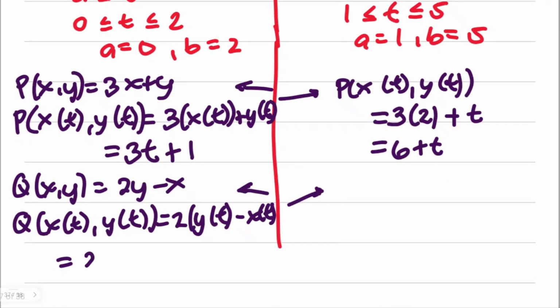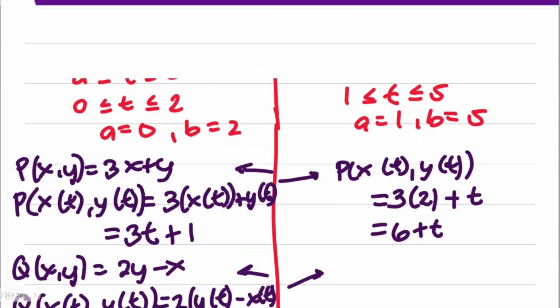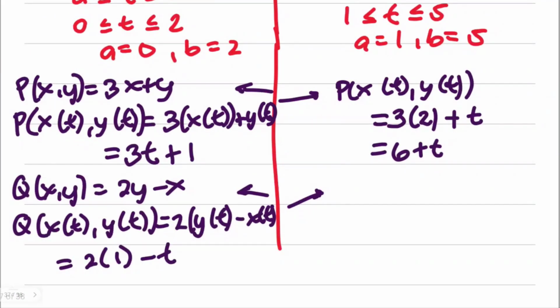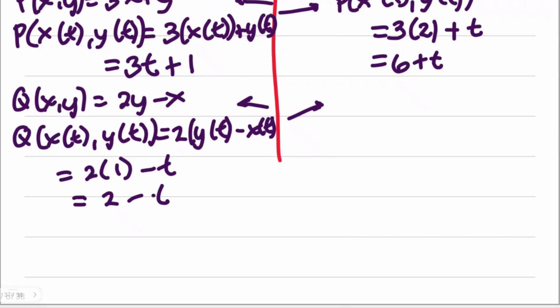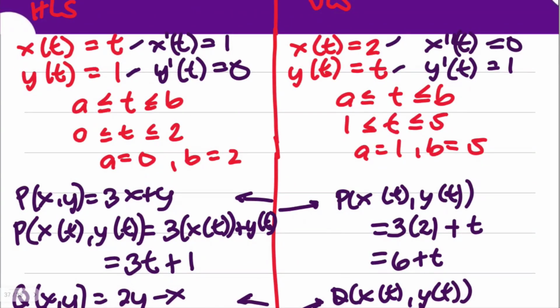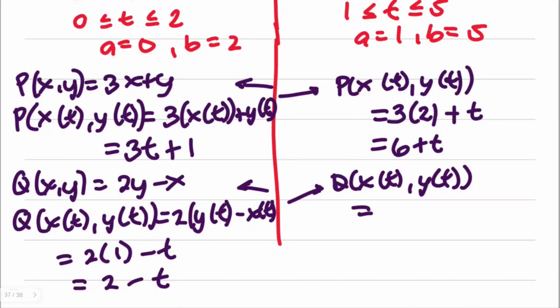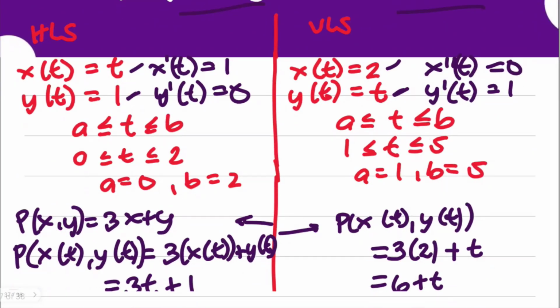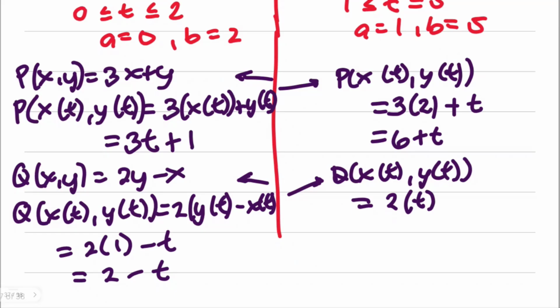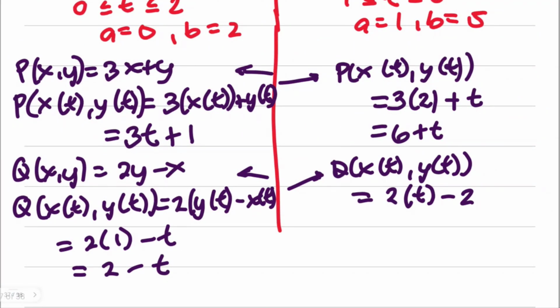So you have 2 times 1 minus your x of t, which is t, which would give us 2 minus t. As for your second path, your q of x of t, y of t is 2y minus x, right? So your y is t. So you have 2 times t minus your x, which is 2. This is equivalent to 2t minus 2.